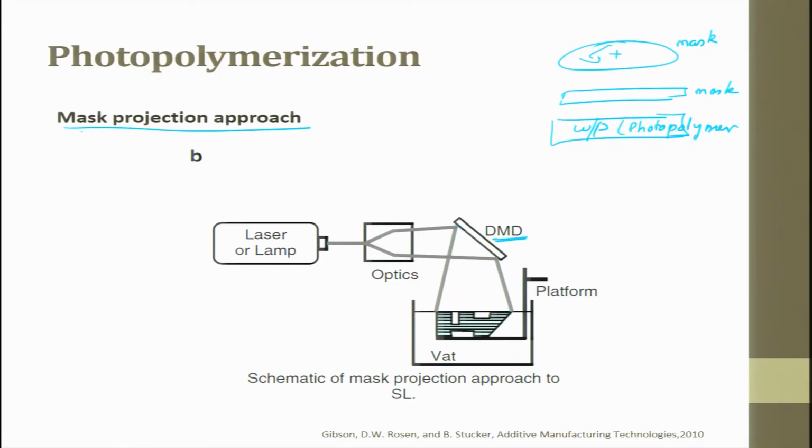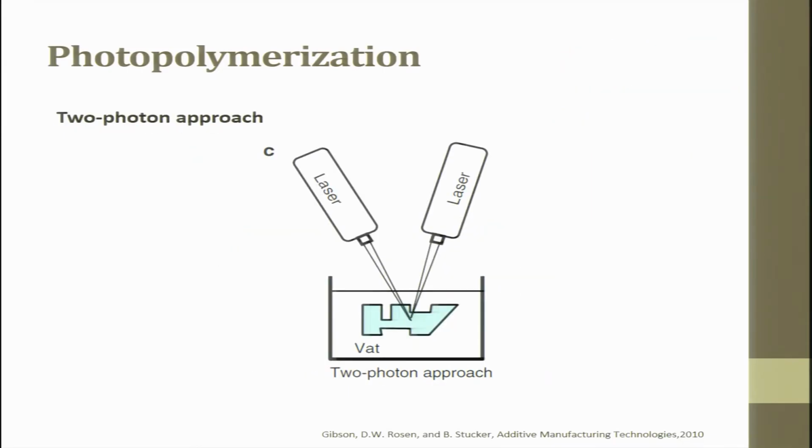This is called the mask projection approach. In mask projection, the complete layer of information is exposed in one shot. So this process is much faster than the previous process.